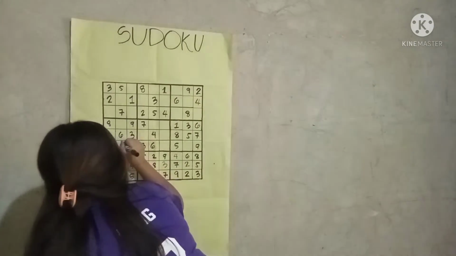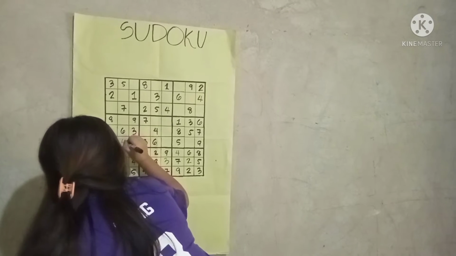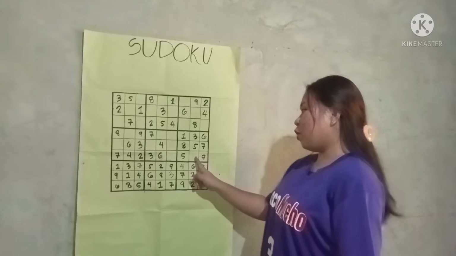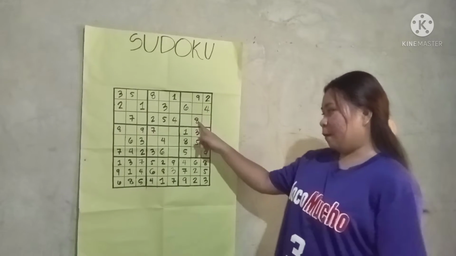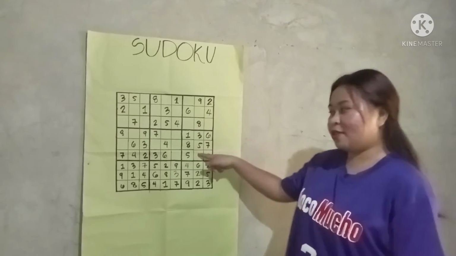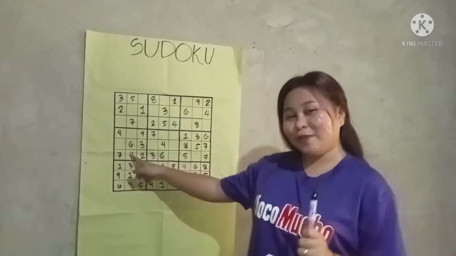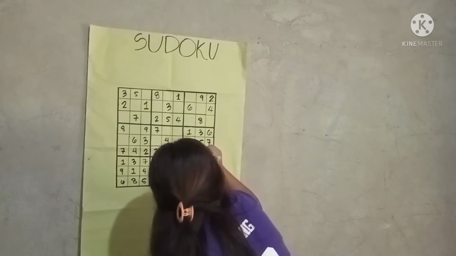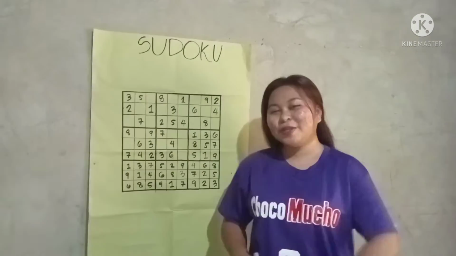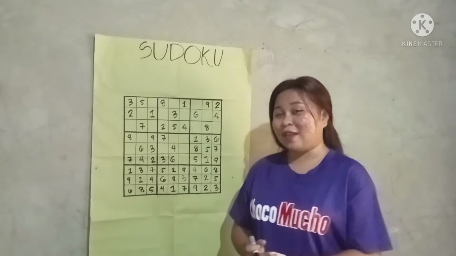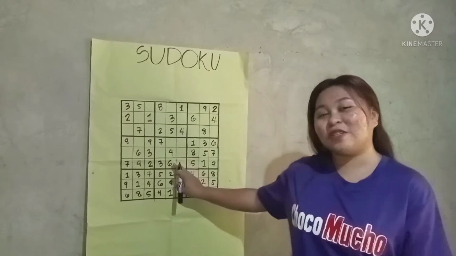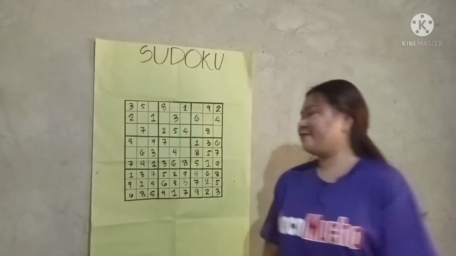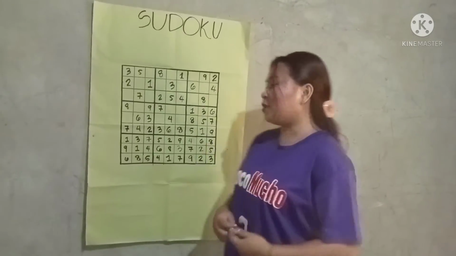In this row, we can see that there's the number 8. So we're gonna put the number 1 because the number 4 is already here. Lastly, the remaining number is 8. So we're gonna put it in the last box. There. Let's go to the next row.